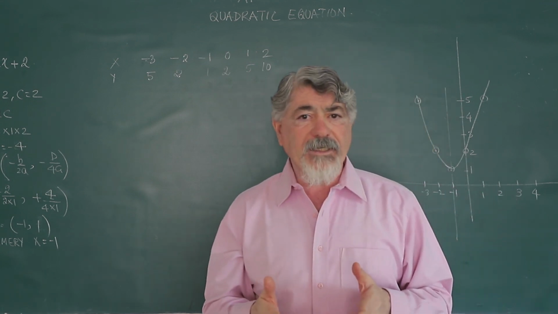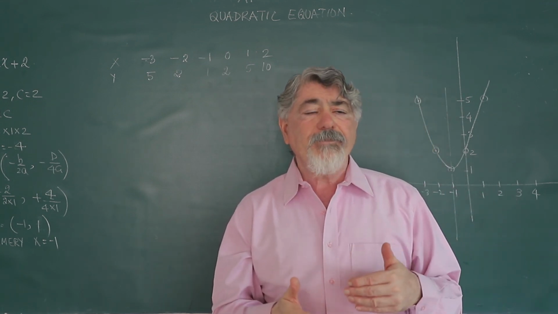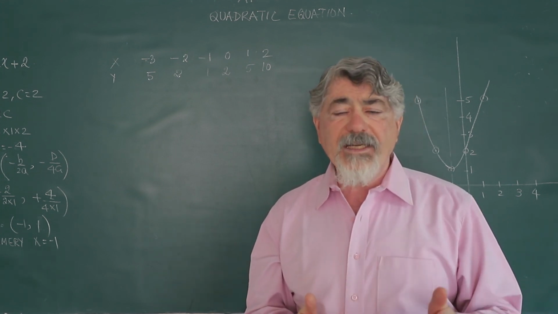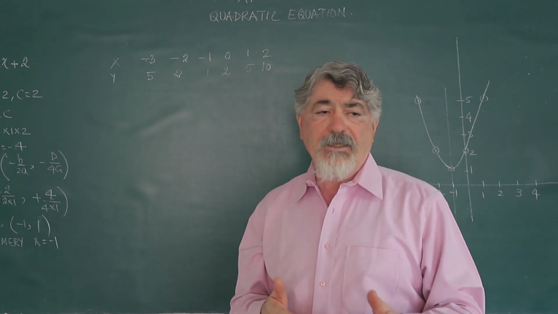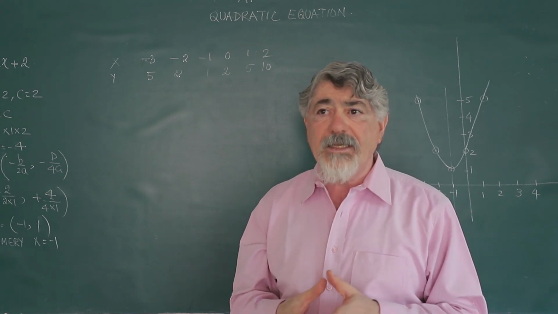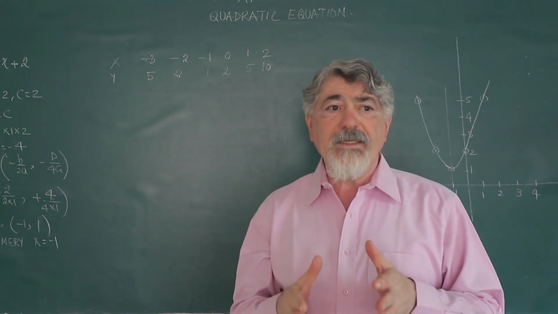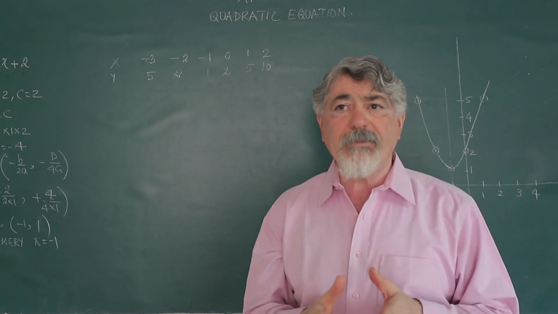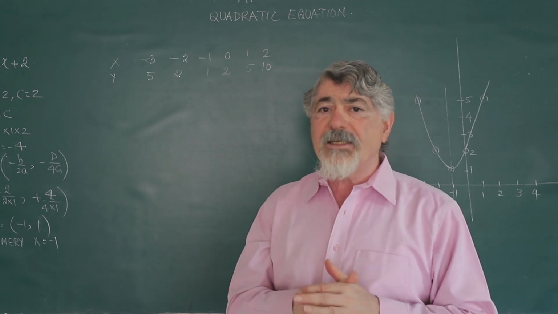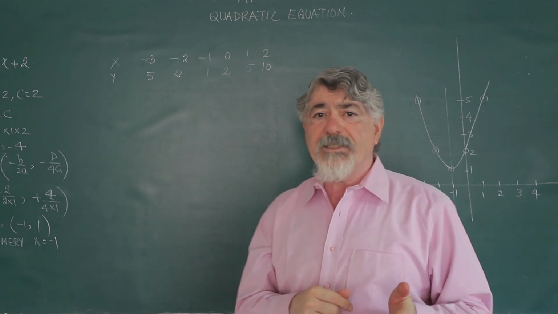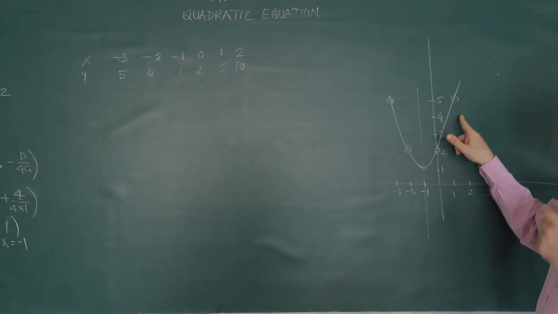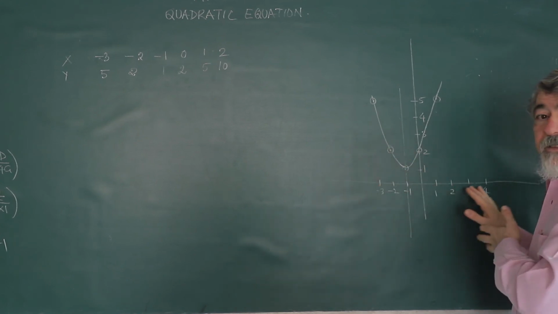If the discriminant is greater than 0, then the roots are going to be real and distinct. If the discriminant is going to be 0, then the roots are going to be the same, real but same, and the curve will be touching the x-axis, as we did in the previous question. And if the discriminant is negative, then the roots are going to be imaginary, like in this particular question we are seeing here, where the curve is not cutting the x-axis.